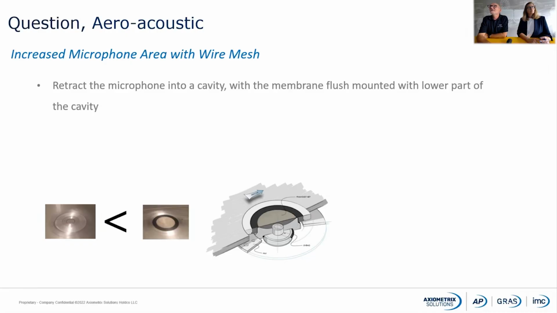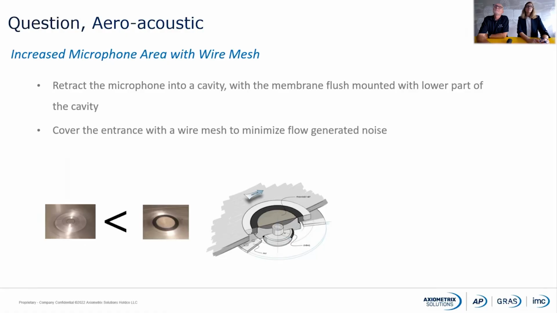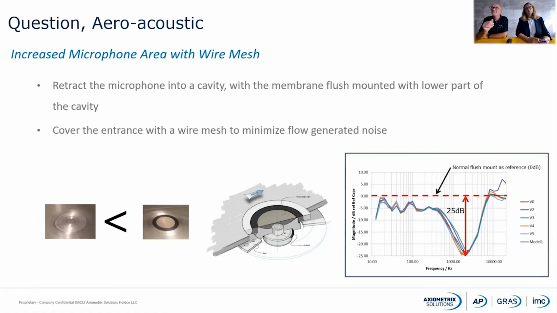So this is a way to reduce the turbulent noise from our measurements. Like we see it here, we will be able to dampen the turbulent noise by up to 25 dB.